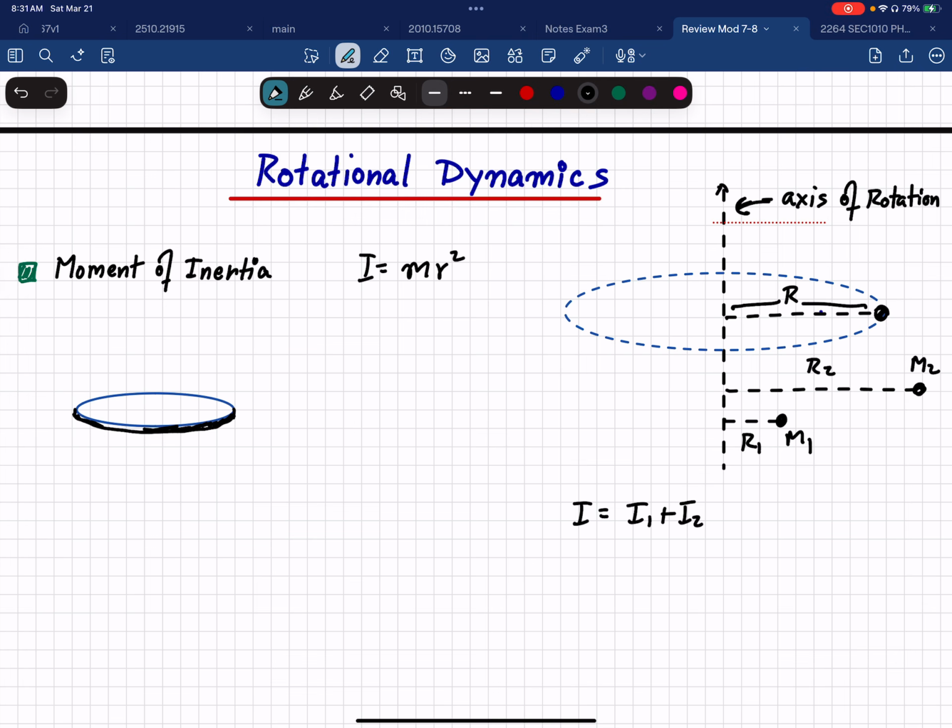So it's a disk, and the axis of rotation goes through it, around the center of the disk. So the moment of inertia for a disk through its center, which we will be using again and again, is this, where this is the radius of the disk.